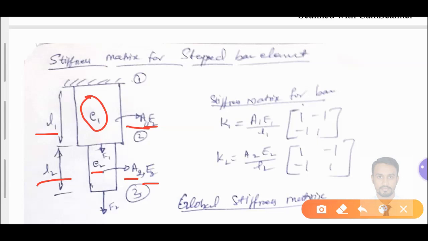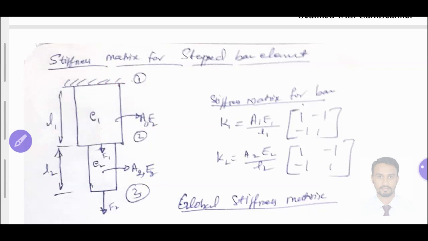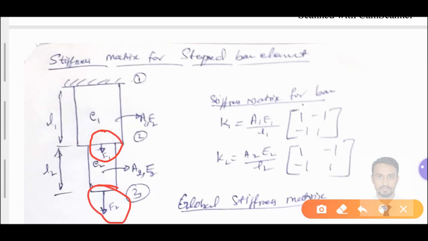This bar element contains three nodes, node number 1, 2 and 3. Force has been applied at node number 2 and 3, represented as F1 and F2 in the given problem.